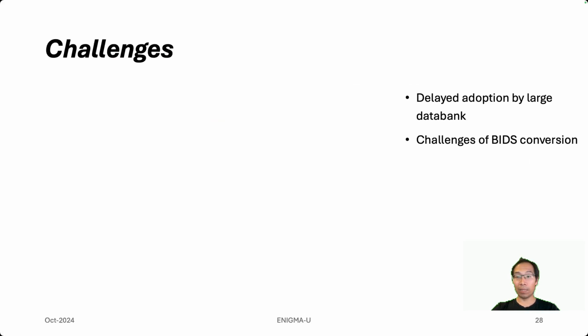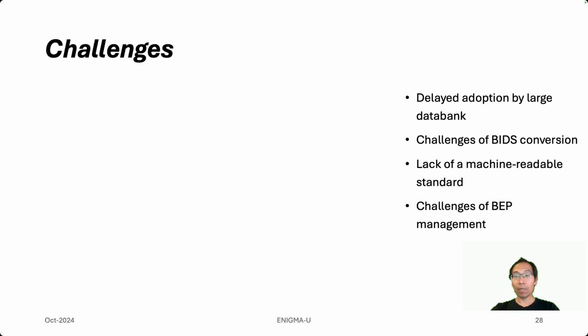However, it can be easier now that several toolboxes have been released. There are specific toolboxes such as BIDScoin and certain modules in a toolbox, for example, DataLad. Third, there is a lack of machine-readable standards. Fourth, challenges of the BEP, that is, BIDS Extension Proposals management exist.